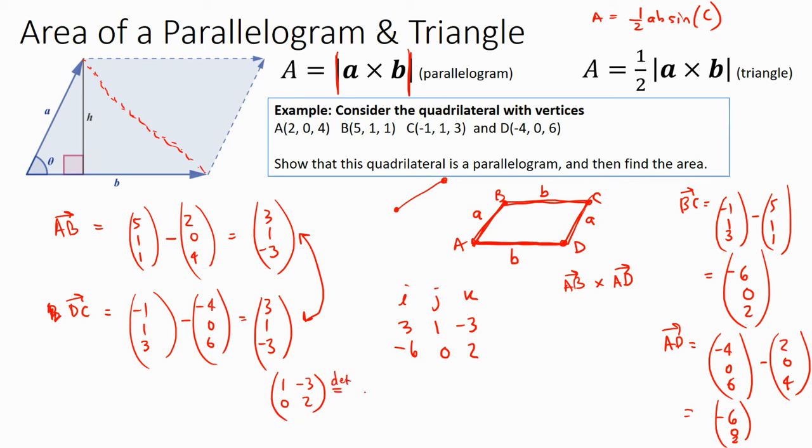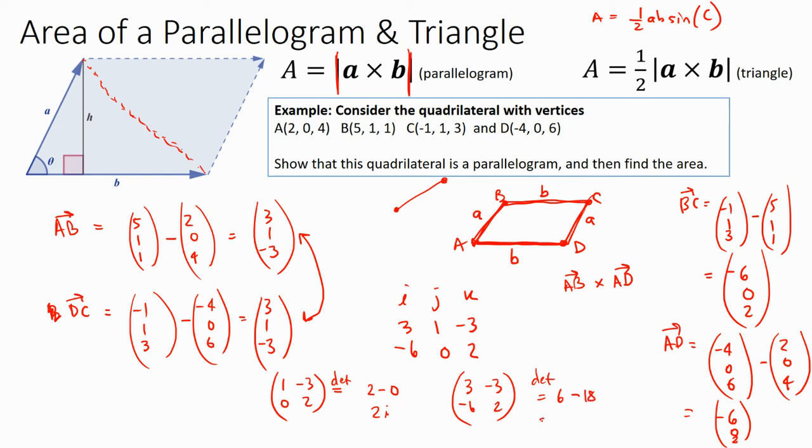The determinant would be 2 minus 0, because 0 times negative 3 is 0. And so that's 2i. The next component is going to be j. So we're going to ignore the middle one and get 3, negative 6, 2. The determinant of that would be 3 times 2 is 6 minus negative 3 times negative 6, which is positive 18.